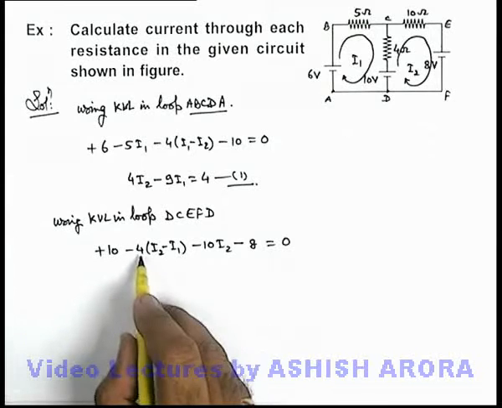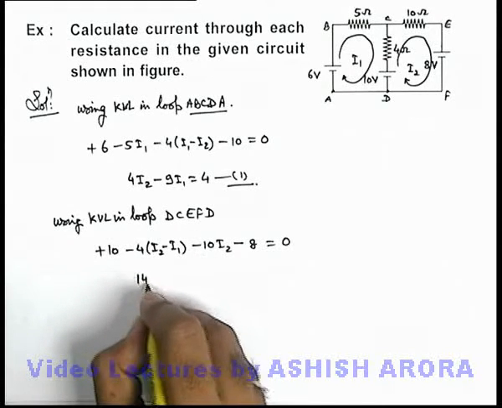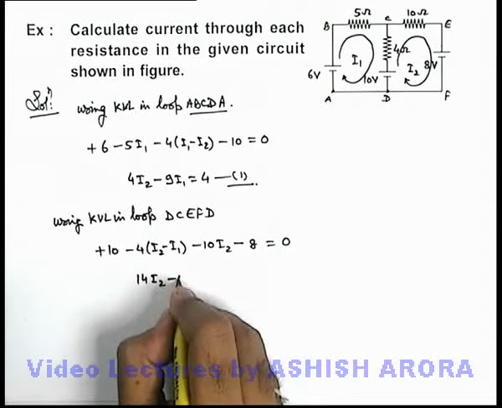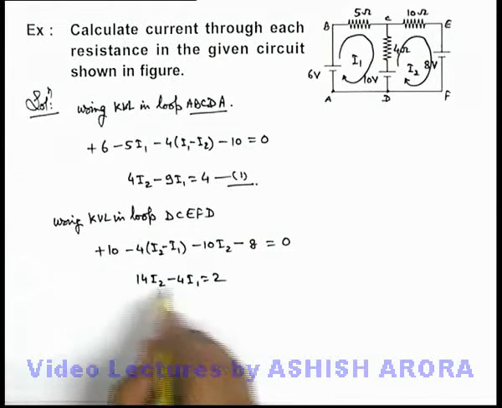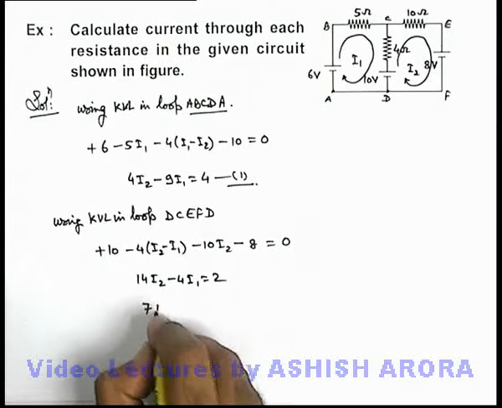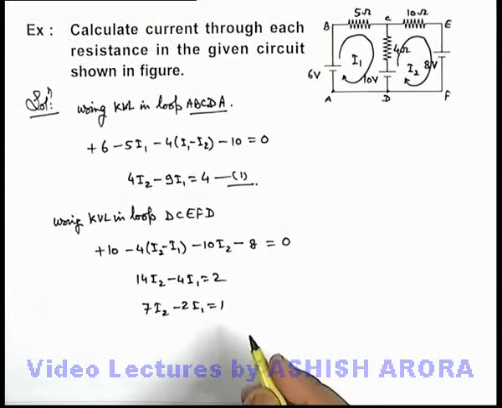Now if we simplify this equation, you can see this will be 14 I2 minus 4 I1 equals 2. Now we can further simplify it, it will be 7 I2 minus 2 I1 equals 1.